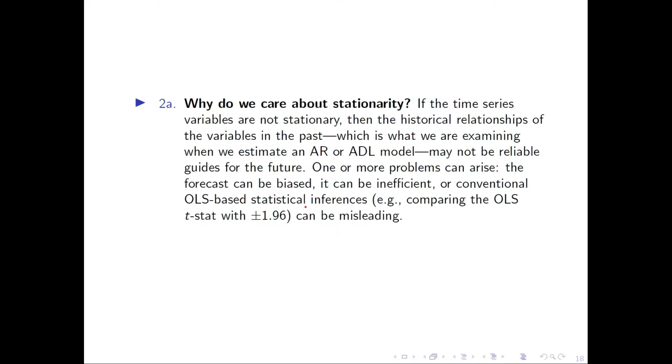Some of the problems we can encounter could be biased forecasts, or the model can be inefficient, which means that the standard errors are way off, and for example, statistical inferences might be misleading.